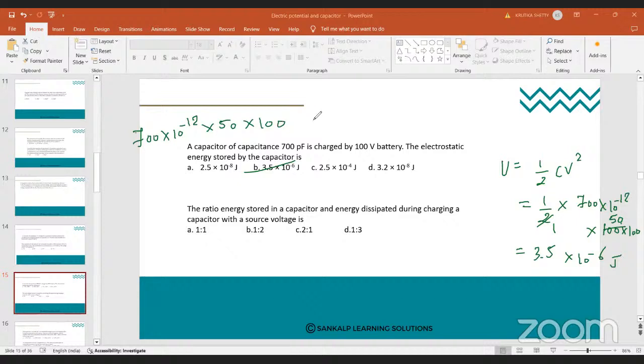What we can do here is take it as 7 into 5 into 10 raised to 2 into 10 raised to minus 12, 10 raised to 1 into 10 raised to 2. 7 fives are 35. Simplify, and you will get our answer.